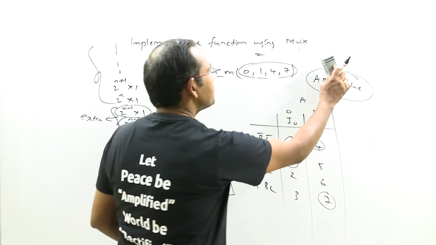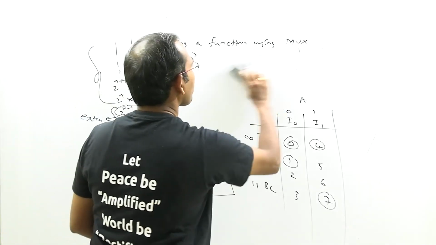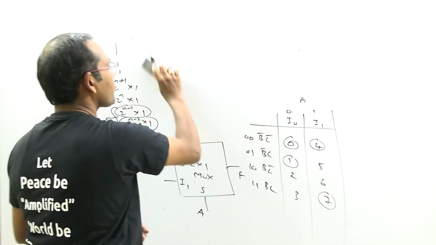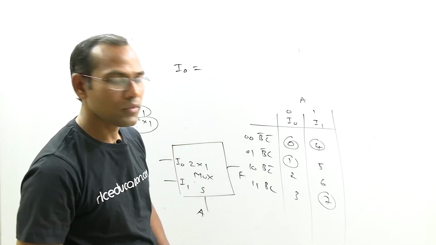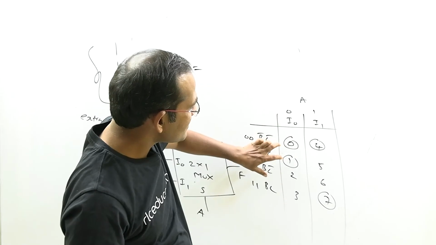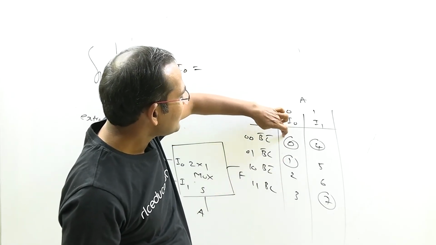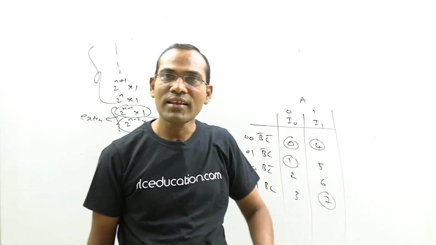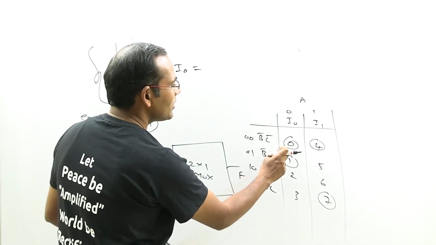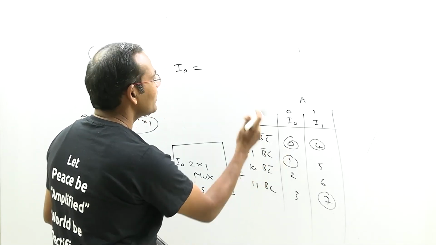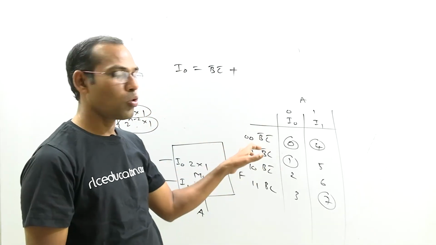I0 is equal to, just observe this column, 2 circles are there. Whenever one circle is there, take that term. If one more circle is there, take that term also. Just add all those terms. Here this term is circled, that's why B bar C bar, take the corresponding row.